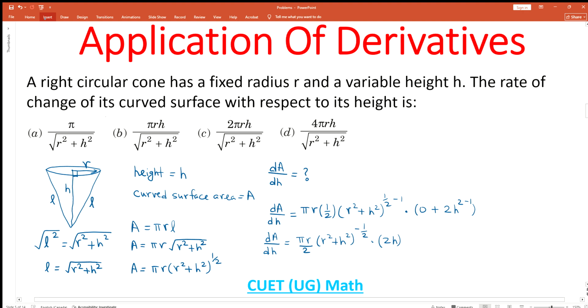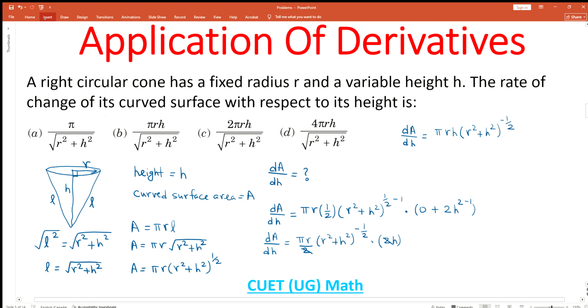Pi r over 2 times 2h is equal to pi rh because the 2's will cancel each other out. So we get dA over dh equals pi rh times r square plus h square to the power negative half.